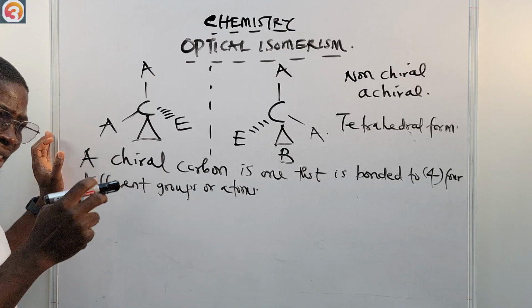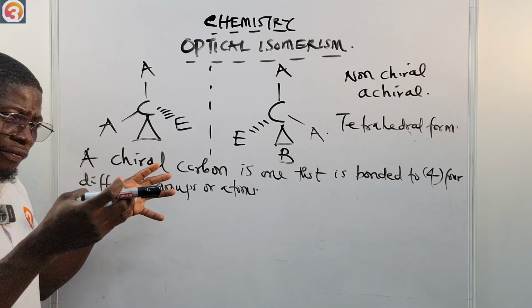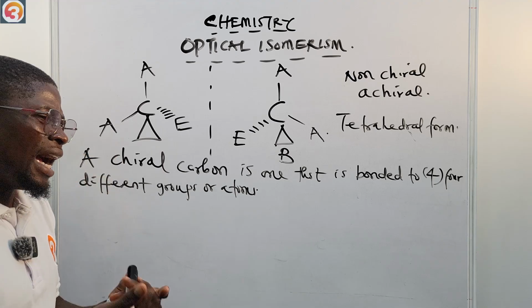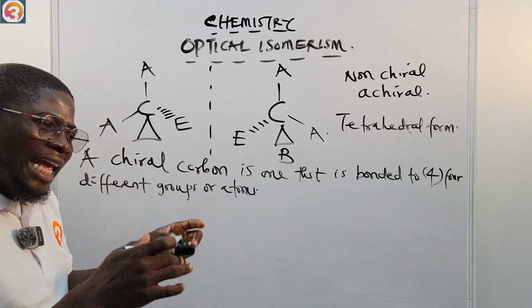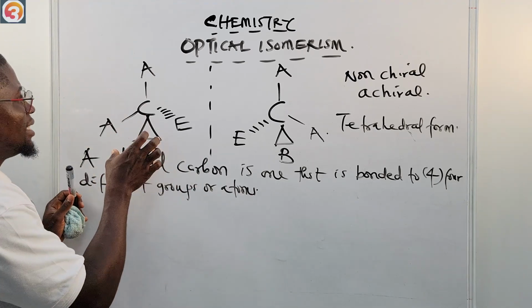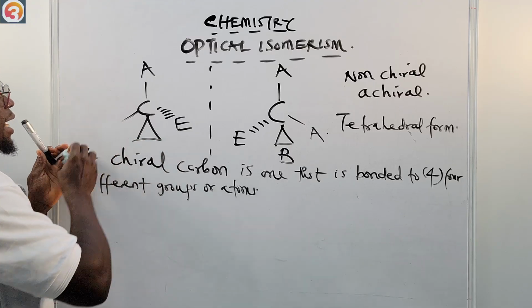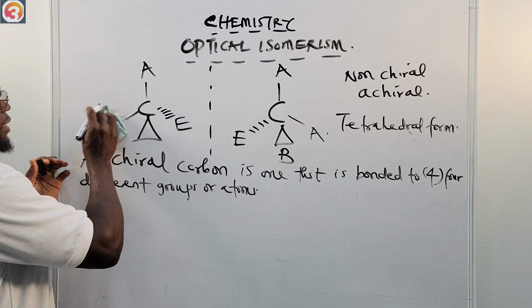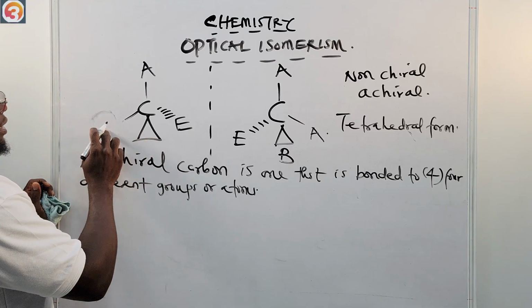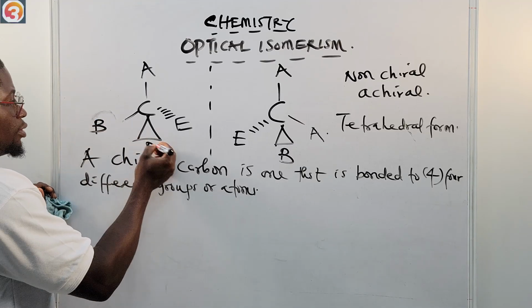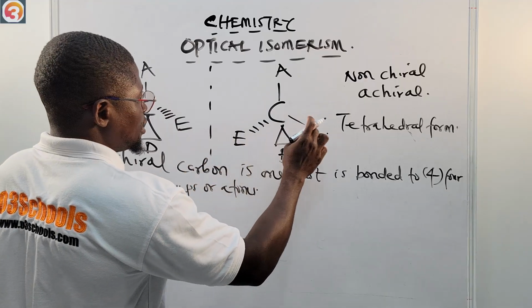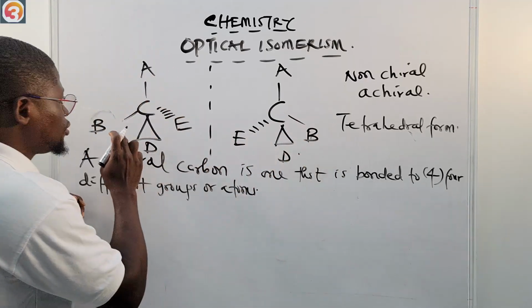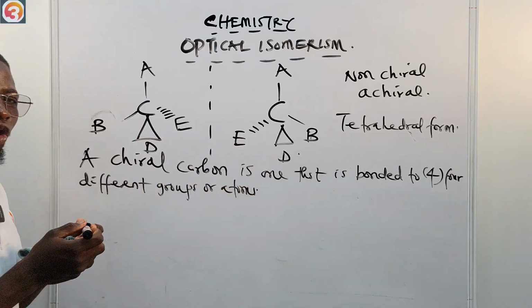So this is what chirality is: bonding 4 different groups or atoms to a central carbon atom. When we talk about chirality, we will have a central carbon atom, then it will be bonded to 4 different groups, just like we are seeing in this case here. Let's say for example here was A, here was B, then here was D, here was E. Then here will also be B, and here will be D. These 2 molecules are mirror images of each other.